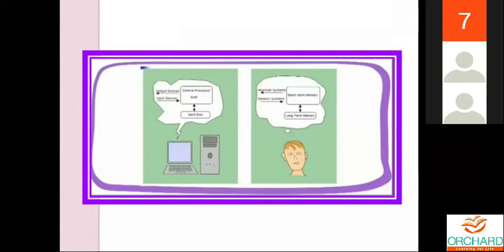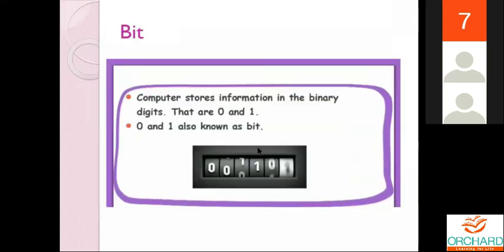Short-term memory saves data for a short period of time. Long-term memory saves data for a long period of time. The best example of short-term memory is RAM, and for long-term memory, hard disk is the best example. Now we are going to understand the concept of bit and byte.